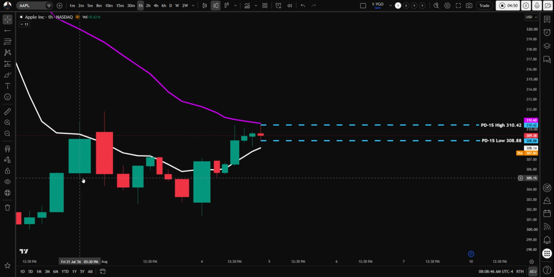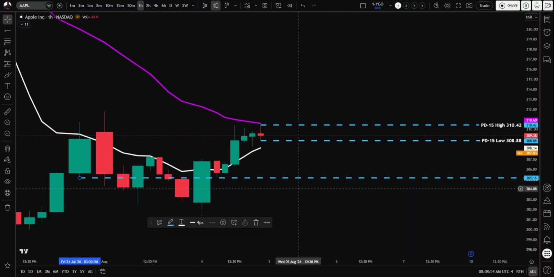It's a strong move here. So it's about 305.12, which is about the 38.2%.